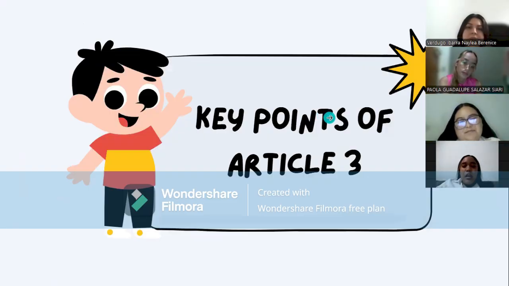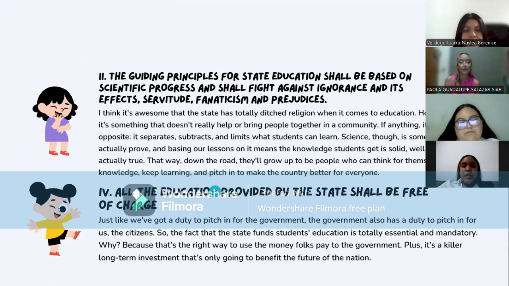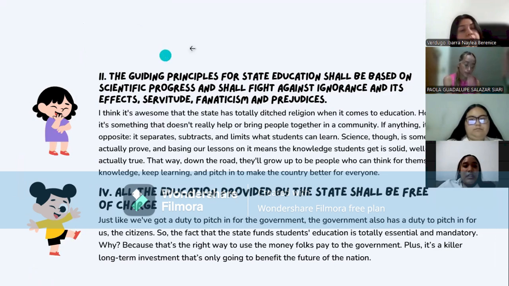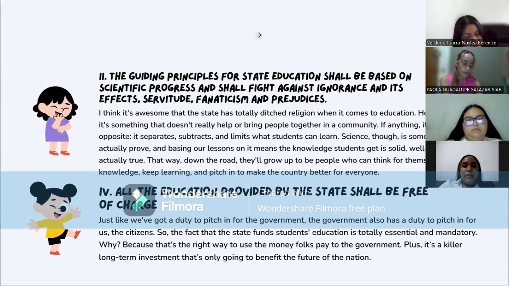And now I will talk about key points of Article 3. Point number 2: the guiding principles for state education shall be based on scientific progress and shall fight against ignorance and its effects, servitude, fanaticism, and prejudice.